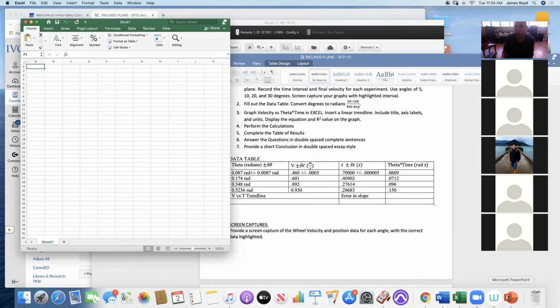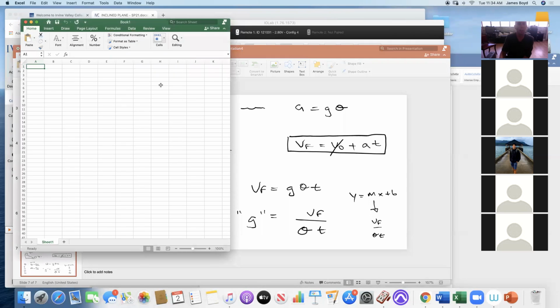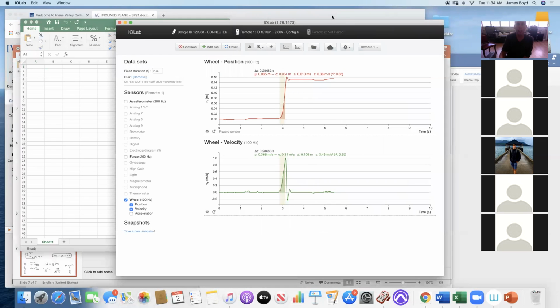Going back to here, we can see that we want G to be V final over theta T. So we want to graph V final versus theta T, Y over X. If we do a linear trend line, we get Y is equal to MX plus B. This M will be V final over theta T if V final is on our Y, theta T is on our X.